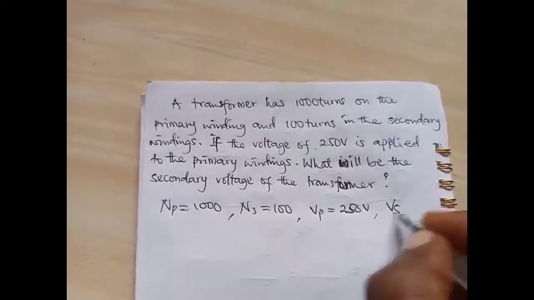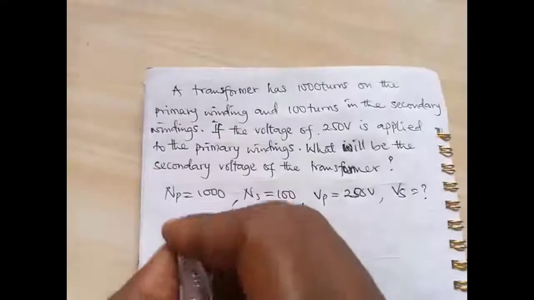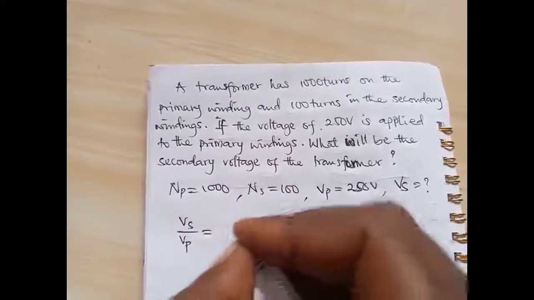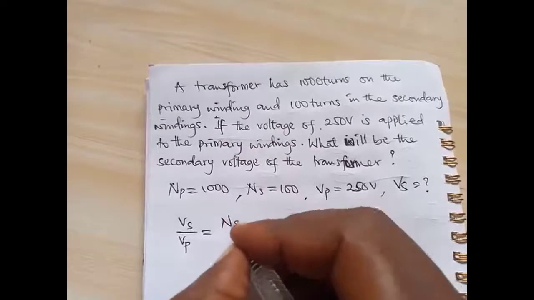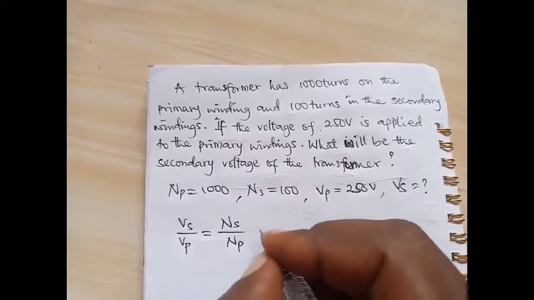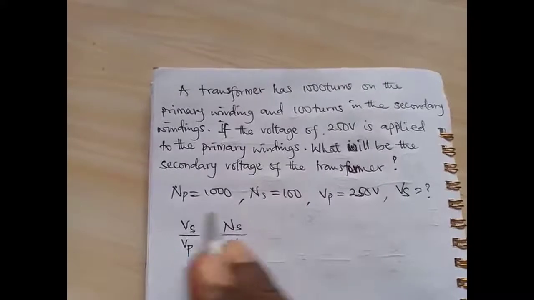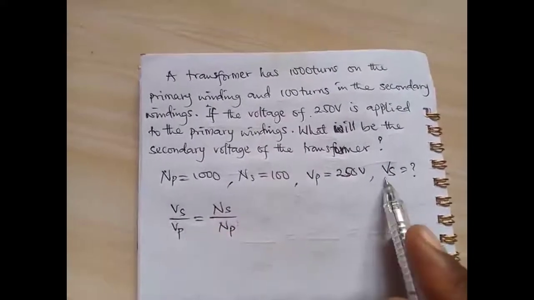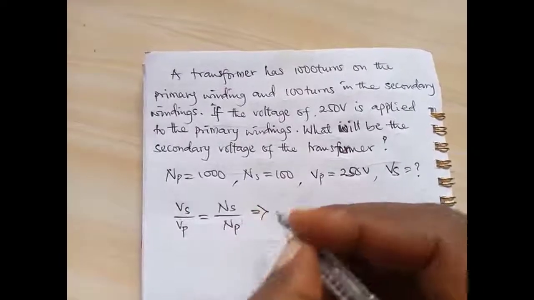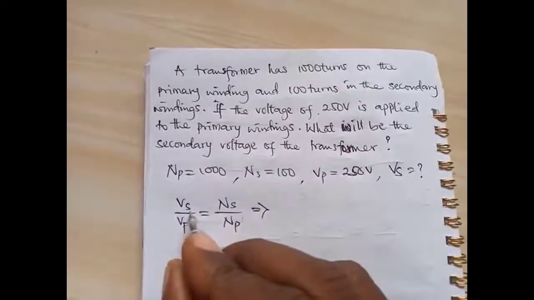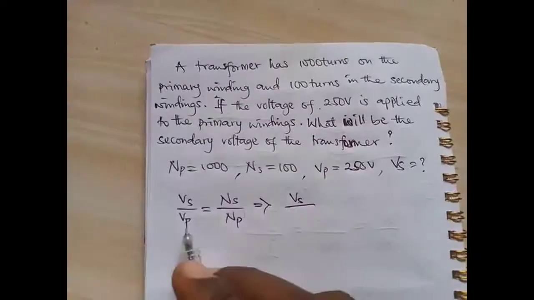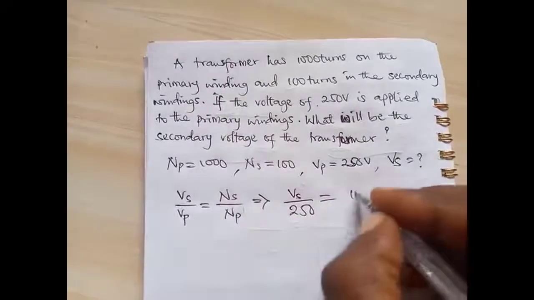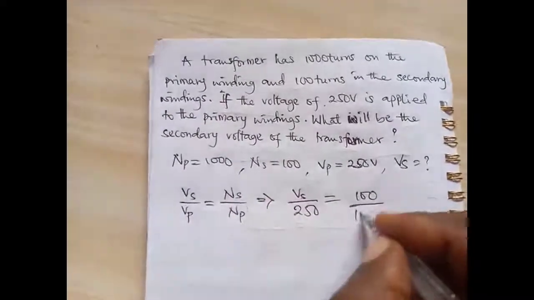So Vs. Now remember the equation we have, that Vs over Vp is equal to Ns over Np. For this question, this is what we require, so we can now plug in the values. Vs over Vp, 250, is equal to Ns 100 over Np 1000.